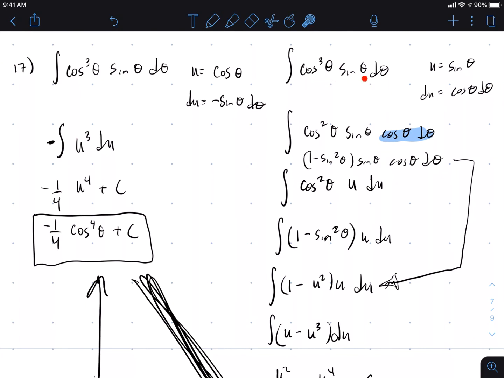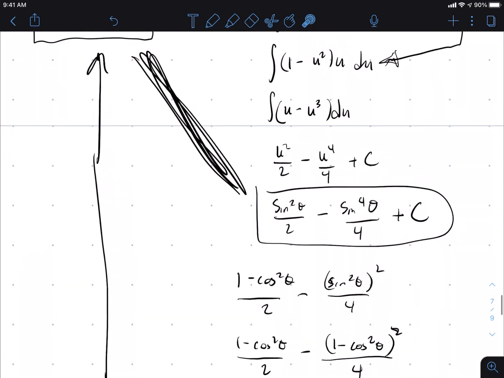When I went to do this, I had to convert that to sine when I decided to use sine as my u. So I manipulated it so everything I was going to end up with was in terms of sines. Now, when you get to Calc 2, they have rules for when one's got an even power, one's got an odd power, but we're not teaching you that in this class, so don't trip on that. Okay?